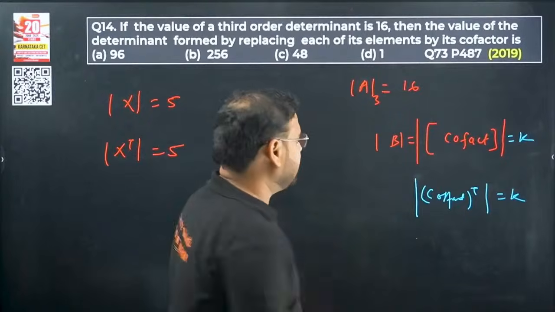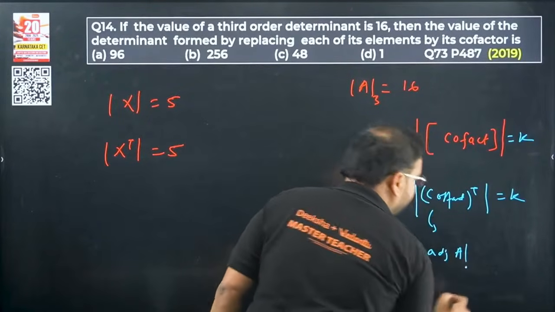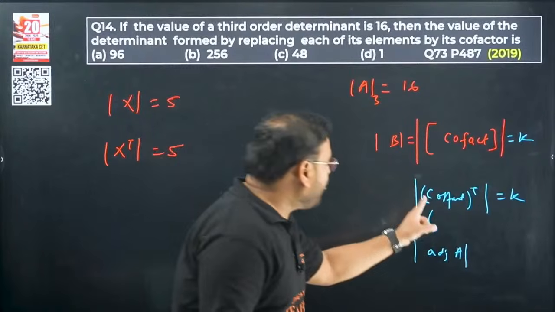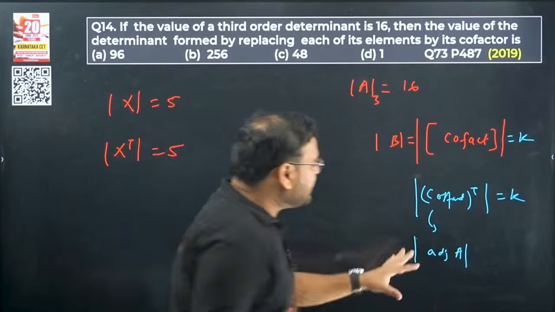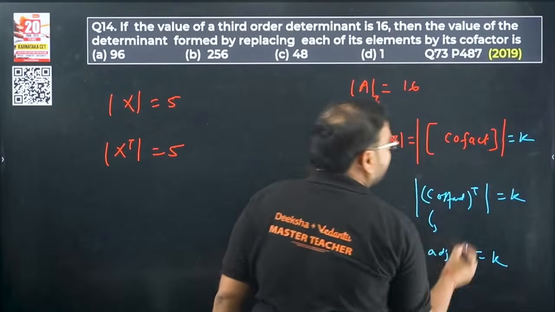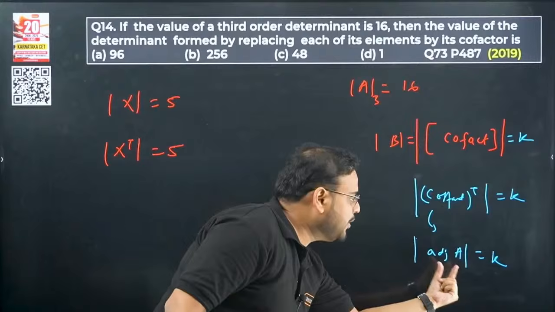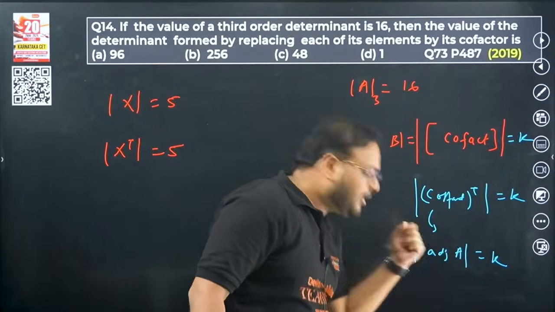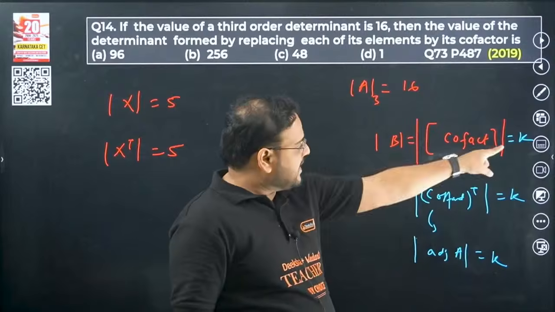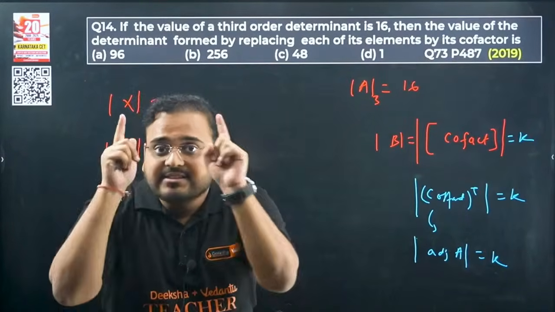But this is nothing but the determinant of adjoint of A. If you take the cofactor matrix's transpose, it becomes the adjoint. So the determinant of adjoint will be k, and so will this. So why not find this value and use that k over here? If I find the determinant of adjoint of A, I get the answer k, which is the same as this, because the determinant doesn't change when you take the transpose. Is it clear or not?